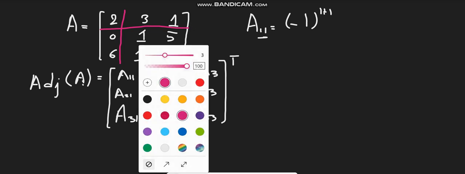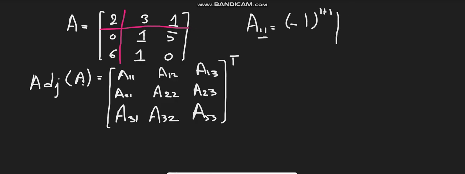So you will write this matrix in the determinant form: 1, 5, 1, 0. Since minus 1 has an even power, you will find the determinant by cross multiplication of the diagonal entries.